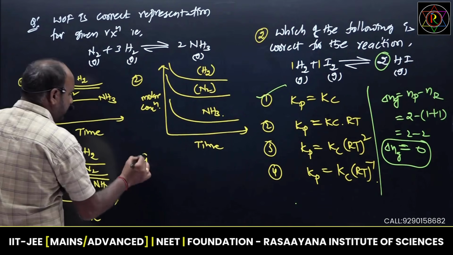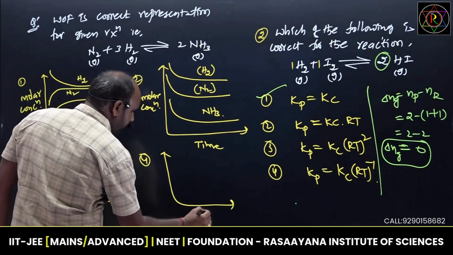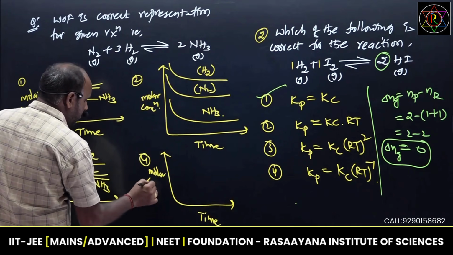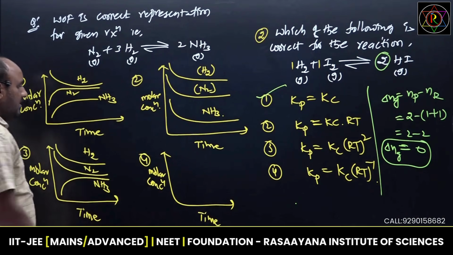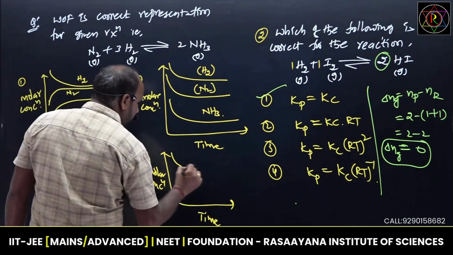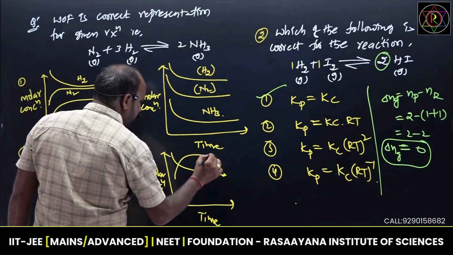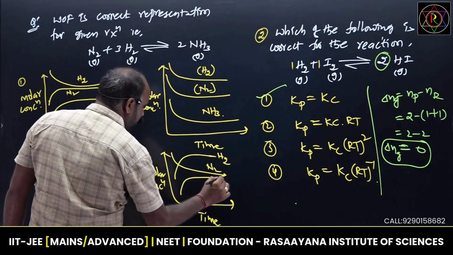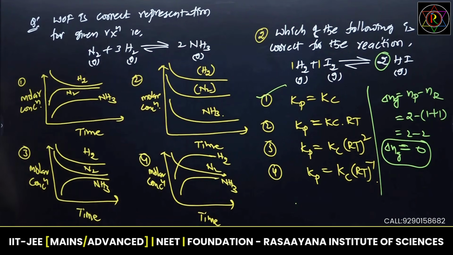Then the fourth option will be the representation of time versus molar concentrations of those reactants and products. So here N2 will decrease, hydrogen will increase, and ammonia also increases. So these types of plots are given in the options.